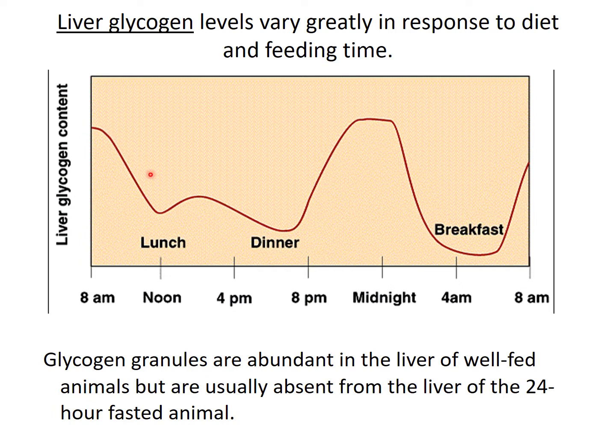By the time you hit lunchtime, you use this glycogen up pretty much because you need to do a lot of things that will drop your blood glucose level low, and then glucose will be released by the liver to balance it.